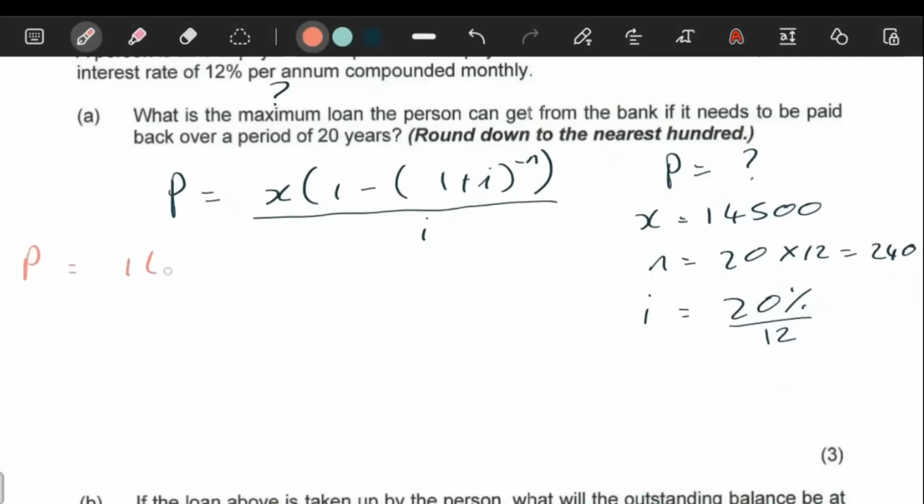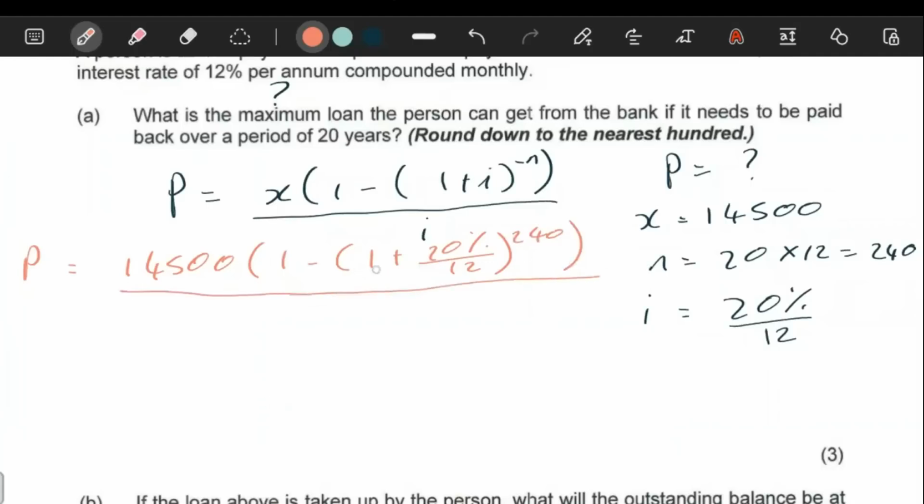So it's 14,500, 1 plus the interest, which is 12% over 12, whole thing over to the power of 240. There you go. So all things considered, let's put everything in the calculator.